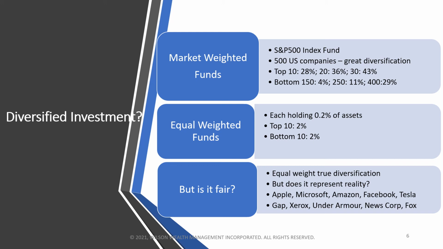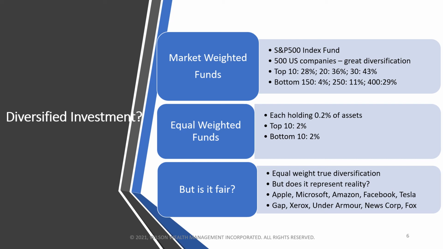If it was an equal weighted fund, then the top 10 would make up 2% of all the assets, and the bottom 10 as well would make up 2%. That would give you a nice distribution between all 500 companies, and that would be great diversification. But that's not the case.